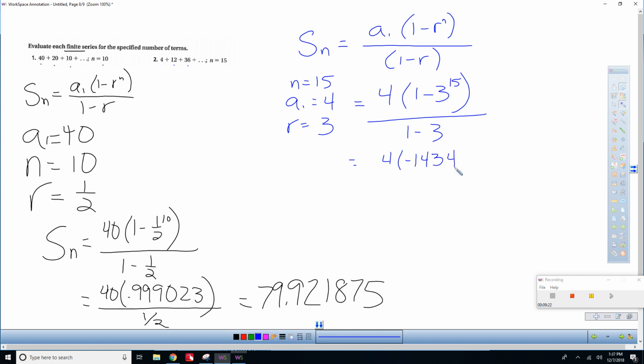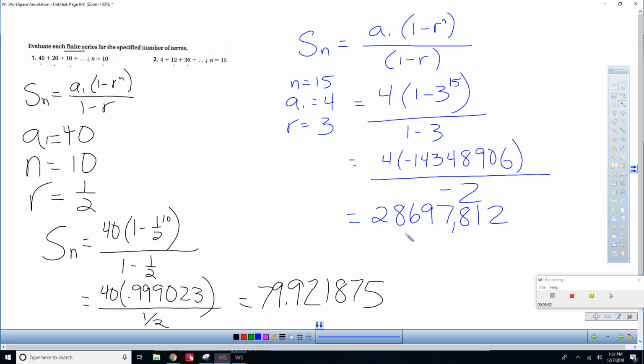You should just leave this in your calculator. I'm just writing it down so you can check your steps as you go. All over negative 2. So let's see, multiply that times 4. Divide by negative 2. And that's the sum.